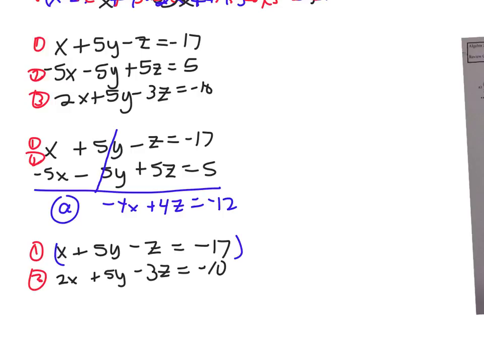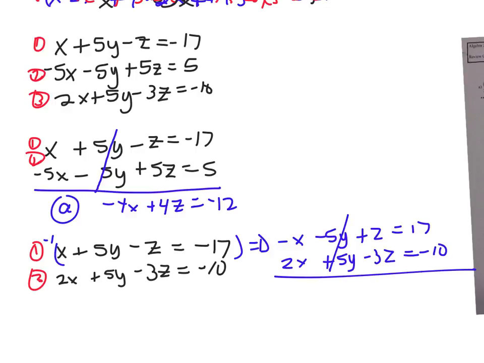So I'm going to multiply the top one by negative 1. When I do, I get negative x minus 5y plus z is equal to positive 17. And I'm going to keep the bottom one the same. Then I add them. The 5y's cancel out. So I'm left with x minus 2z is equal to 7. So that's b.